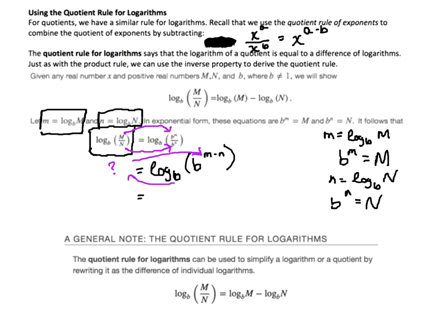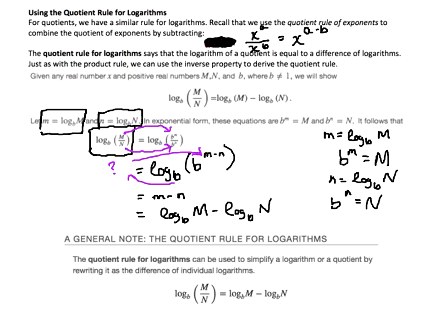And that has to be equal to m minus n, but from the very beginning, we renamed m and n, so that's log base b of M minus log base b of N.